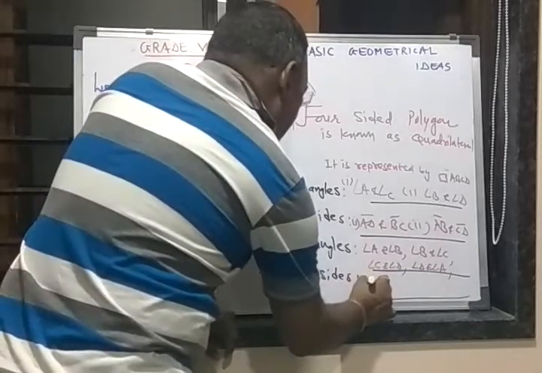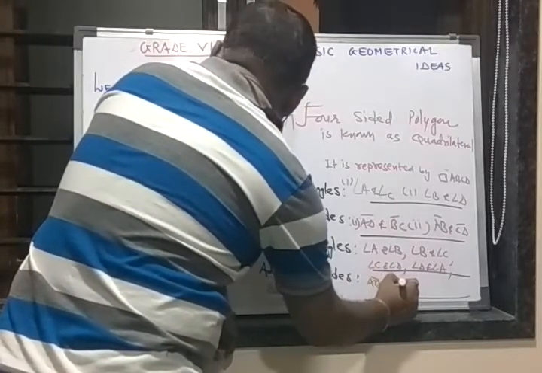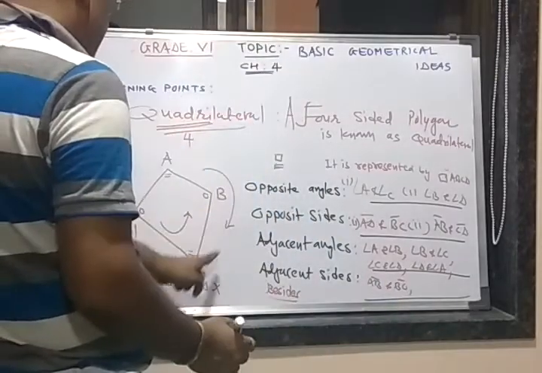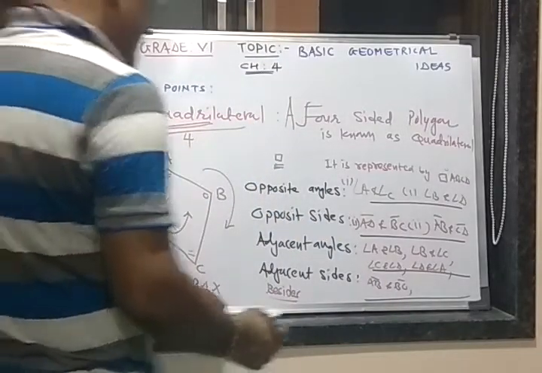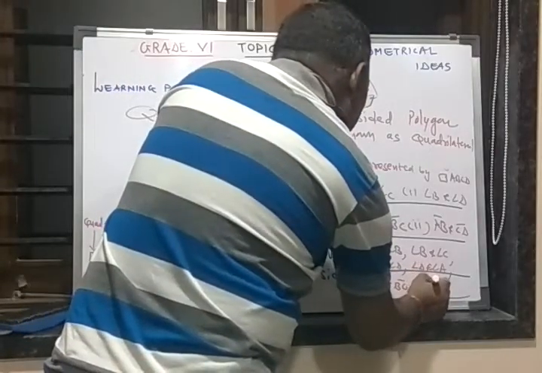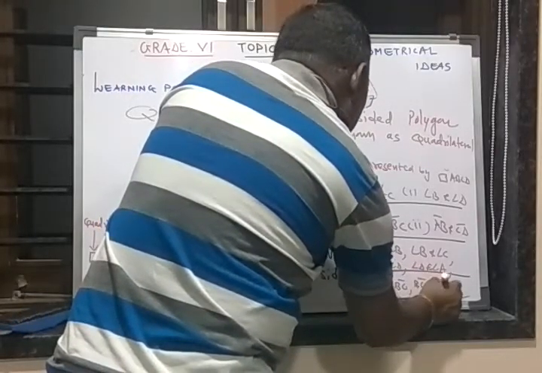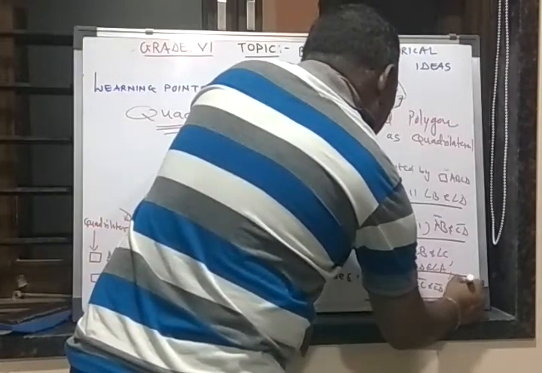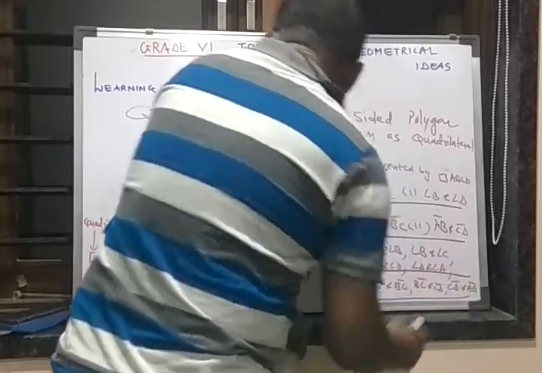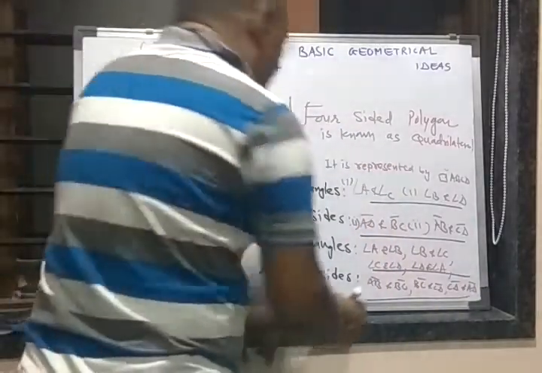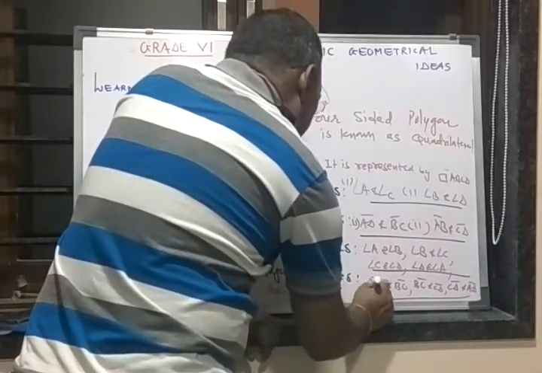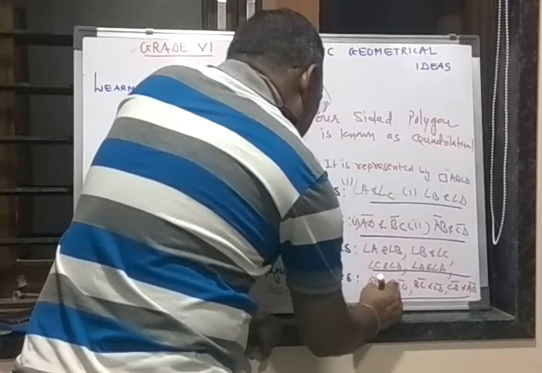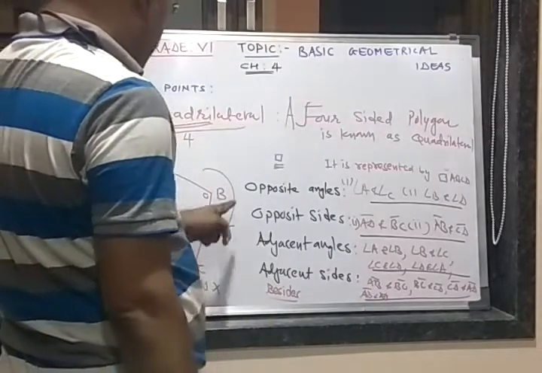So AB and BC are adjacent sides, BC and CD, CD and AD, AD and AB, then AB and BC, like that.